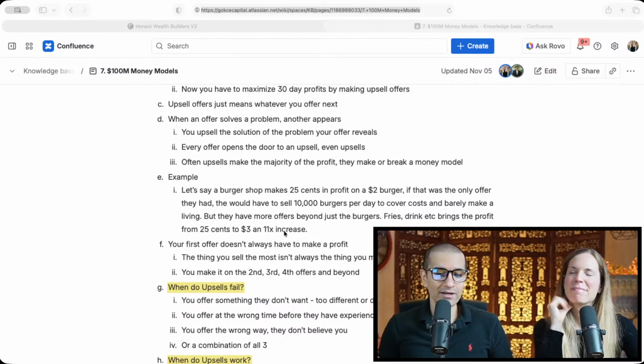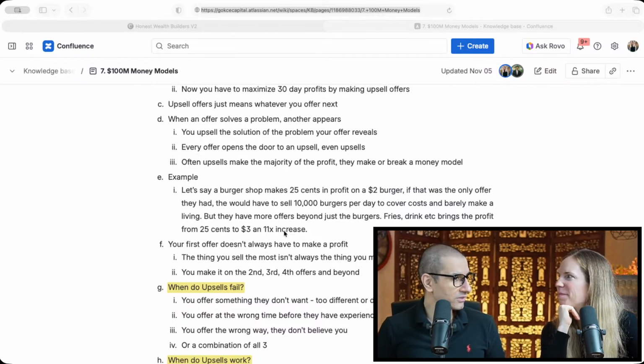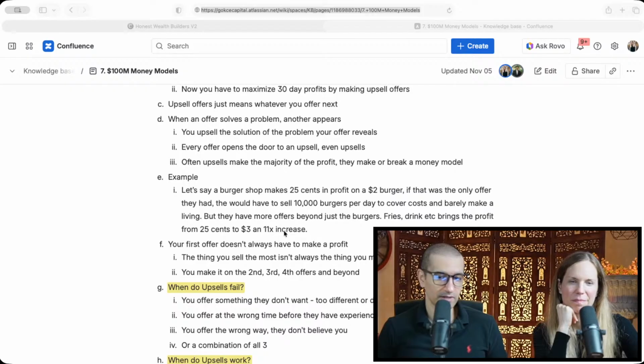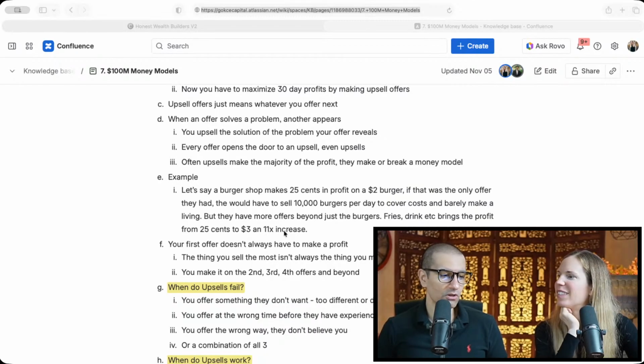So when an offer solves a problem, another problem appears, right? So what does that mean? Let's unpack that. When you solve a problem, let's go back to the car rental example.